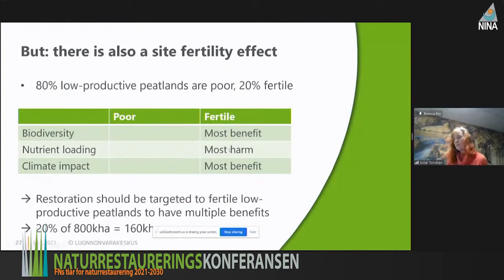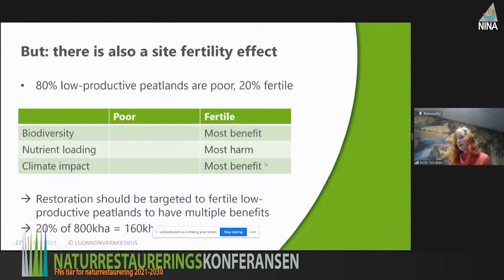Nutrient loading is a bit problematic because the nutrient discharge loading is the biggest from these fertile peatlands, but it stops after a while. So maybe even though there's most harm, it's short term, and maybe it's still worthwhile because they continue to discharge these nutrients also in the present stage.